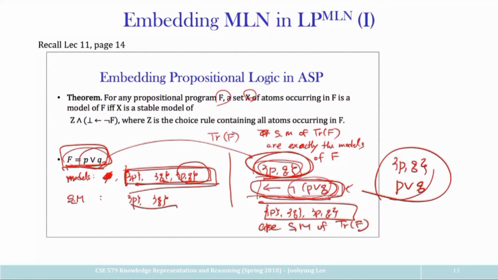And if you call Clingo on this program, you will get the models of the original program. Are we together? So you can easily use Clingo as a SAT solver, or a solver for computing propositional logic. I give you the formula in propositional logic. How do you use Clingo to compute? You just add choice rules. That's it.